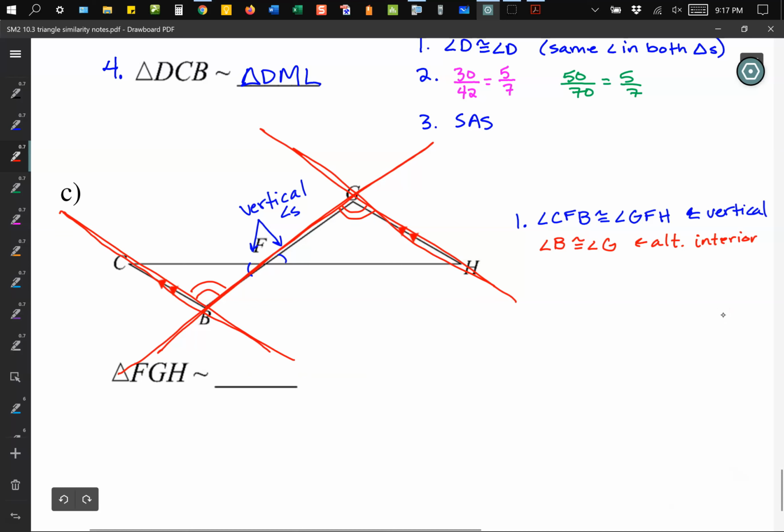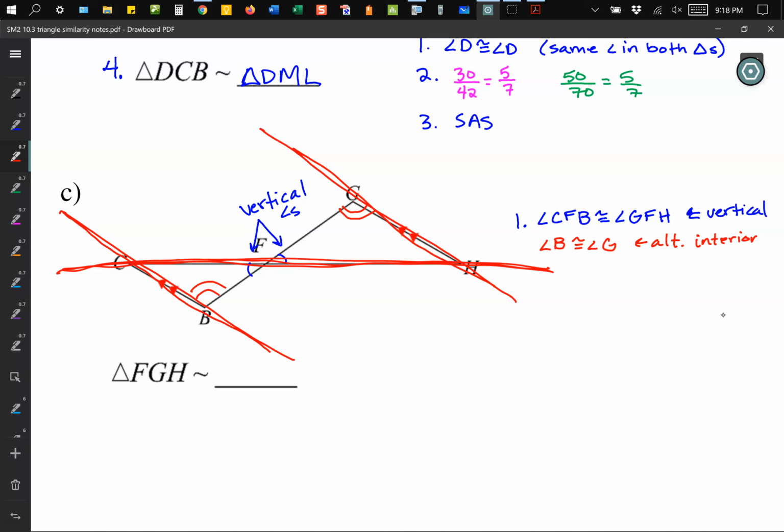So angle B is congruent to angle G. And we were supposed to say why. So these were vertical. These were alternate interior. Now, just to point out, if you look at this, there's another transversal cutting parallel lines. This right here and this right here are another set of alternate interior angles. Now, you didn't need all three, but you could have had all three if you wanted to.